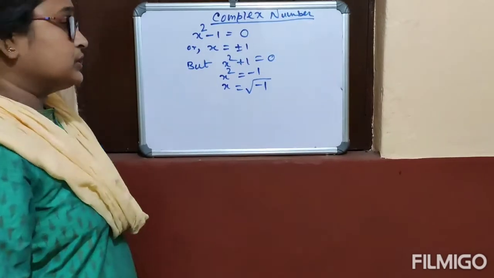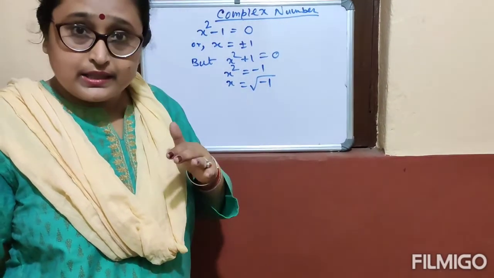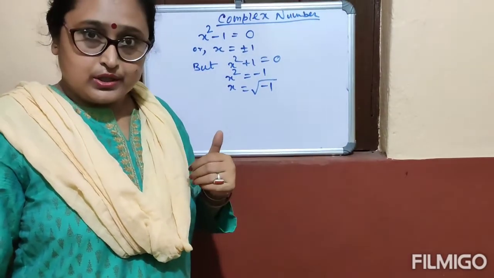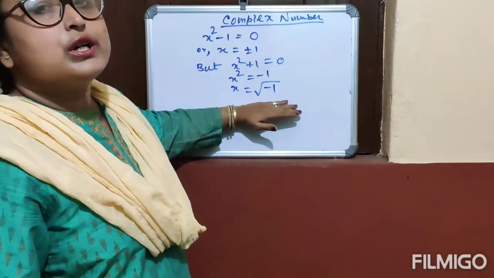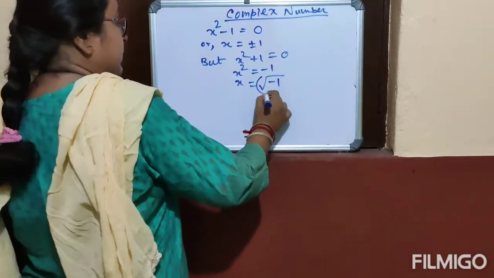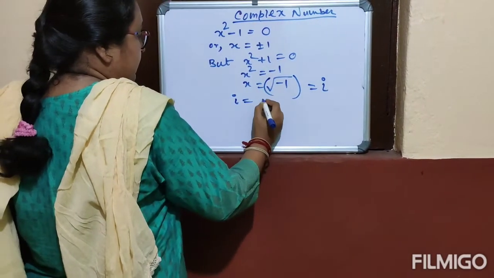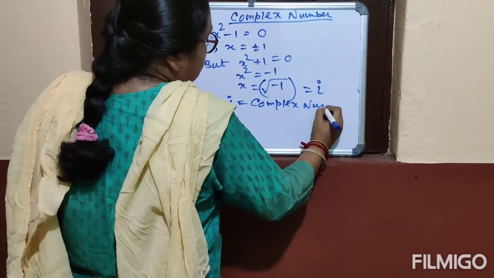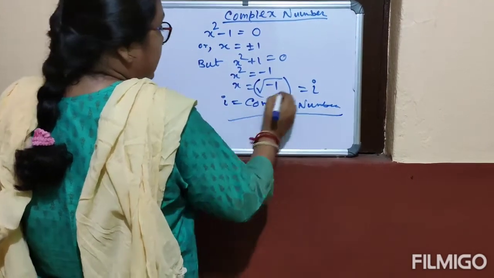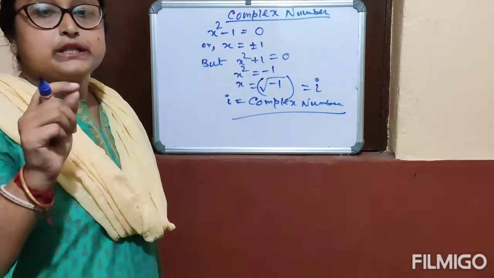I already told you this is not in your syllabus for ICSE, ISC and class 10 students. Now class 11, this is in your syllabus. This number is called i. This i is not a real number; it is called a complex number.